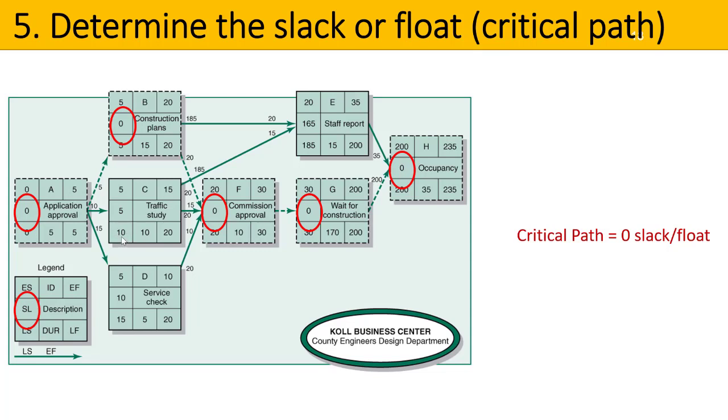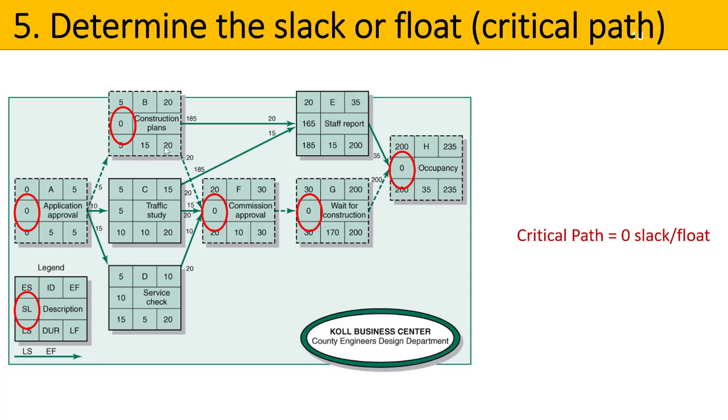If we're after day 10, let's say day 11, that's going to push everything out. Okay? And then down here, again, we have some slack or float of 10 for the service desk. The latest day we can start this without affecting the timeline is day 15.